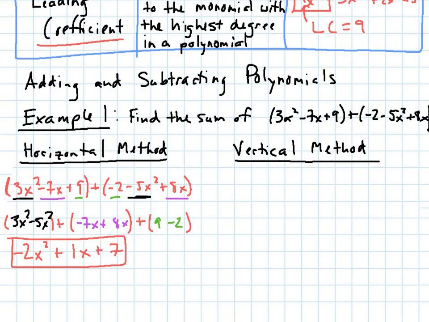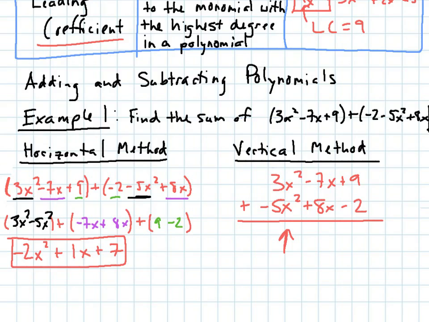Now the same thing applies for the vertical method, it's just oriented differently. Notice the first thing underneath the vertical method says is to align like terms in columns and combine them. So notice that here I have 3x squared and negative 5x squared directly over each other.